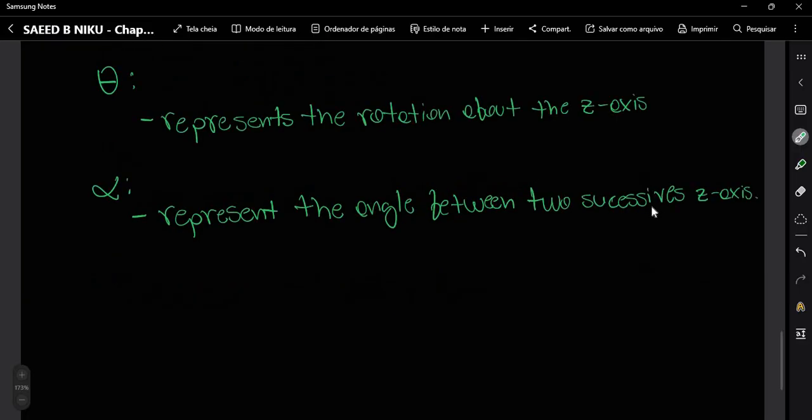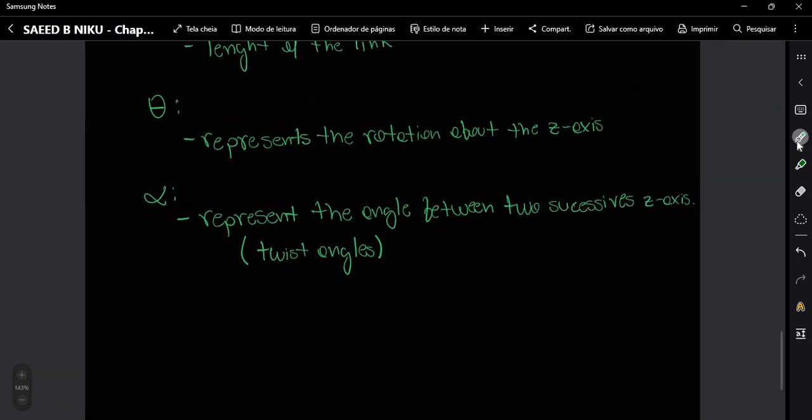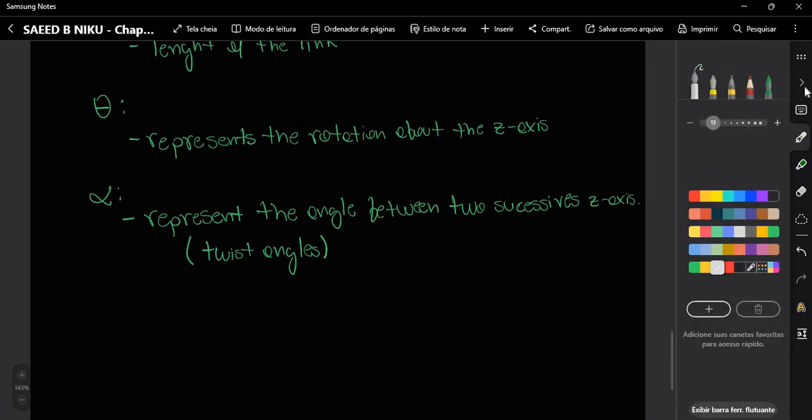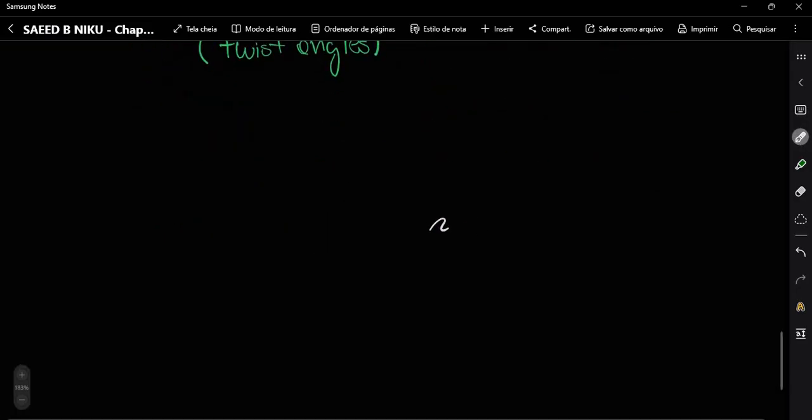Which is also called twisted angles. Twist angles. So we need to make it clear again: DH does not use the y-axis.